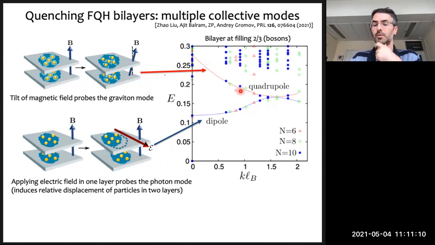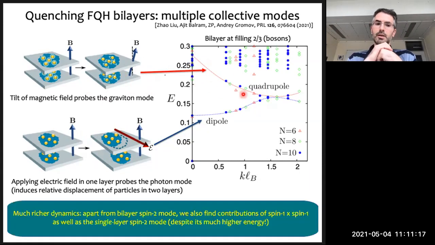And the graviton mode, the quadrupole mode, can be similarly probed if we do a mass anisotropy quench. But now it's much more complicated, because this mass anisotropy quench is not only going to excite this quadrupole mode, but it will also excite the combination of two dipoles, and it will also excite the quadrupole mode from a single layer system, which was quite surprising to us because that mode in a single layer should be at much higher energies.